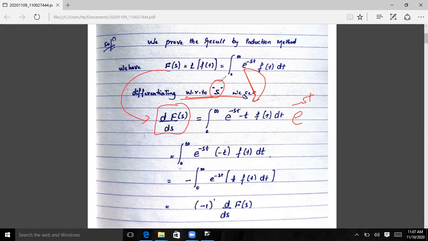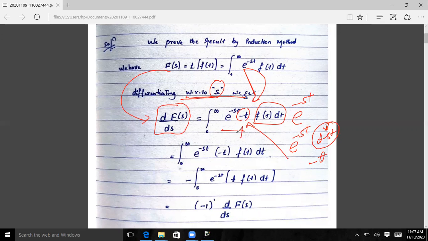The other functions are constant, so we get the derivative of e to the power minus st times the derivative of minus st. Here t is constant and the derivative of s becomes 1, so the value is minus t. So we get the integral from 0 to infinity of e to the power minus st into minus t f of t dt.